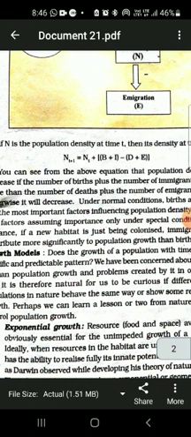Under normal condition, births and deaths are the most important factors influencing the population density. This increase in population can take place only if the value of D plus E is less than the value of B plus I.